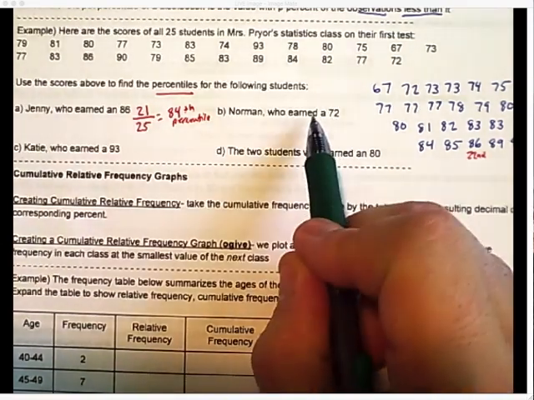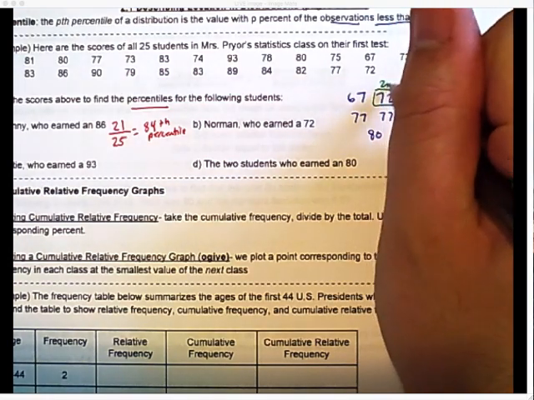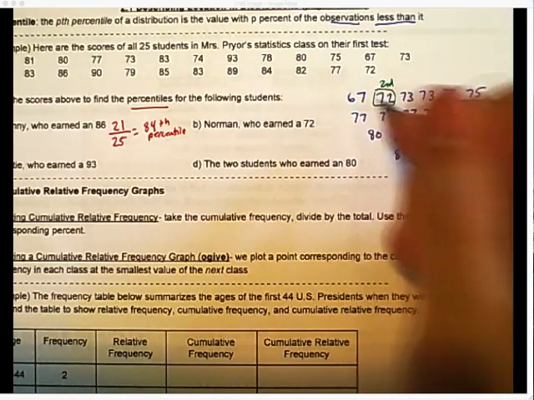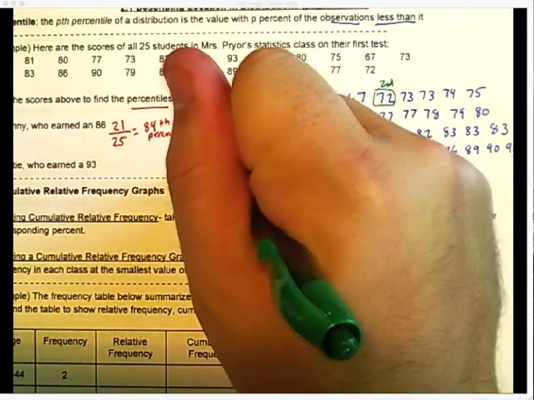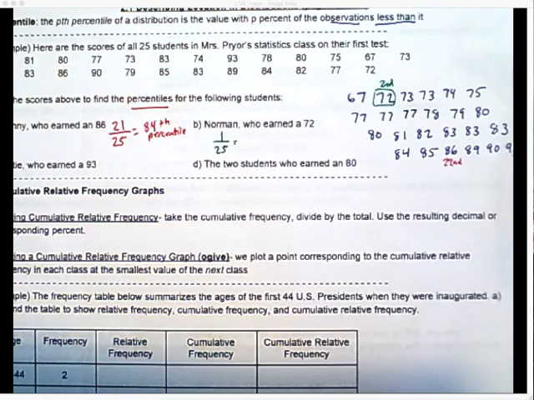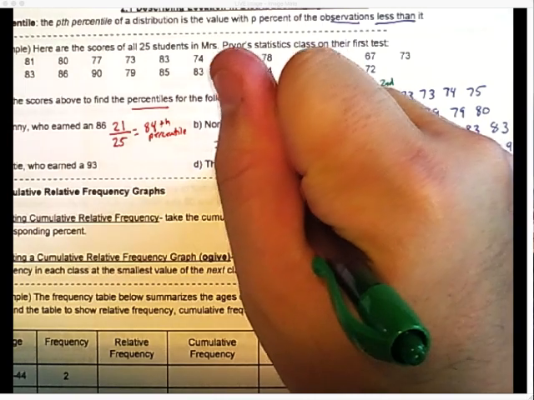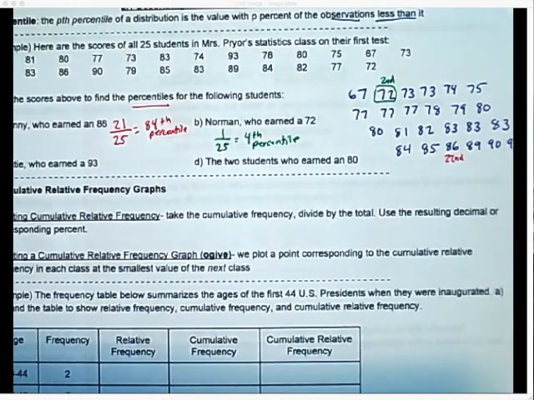Norman earned a 72, so here was his score. This is the second data value. Okay. There's only one person that scored lower than he did. So we do 1 over 25, and that equals 0.04, so Norman is in the 4th percentile. Only 4% of people scored below him.